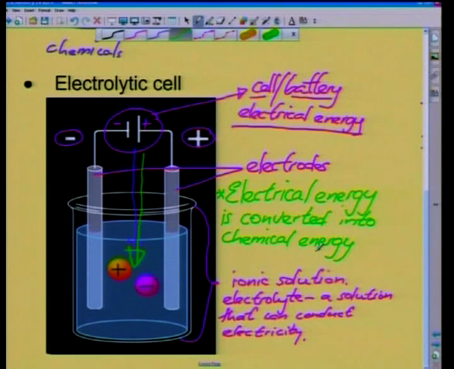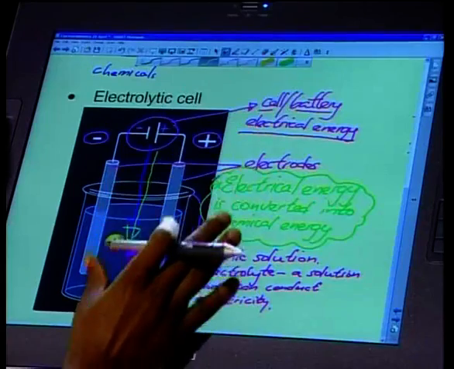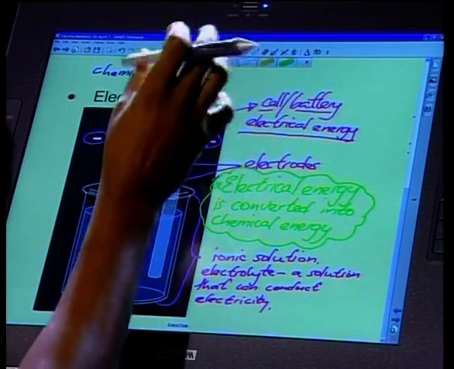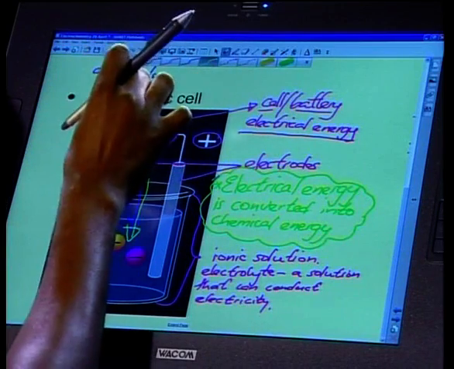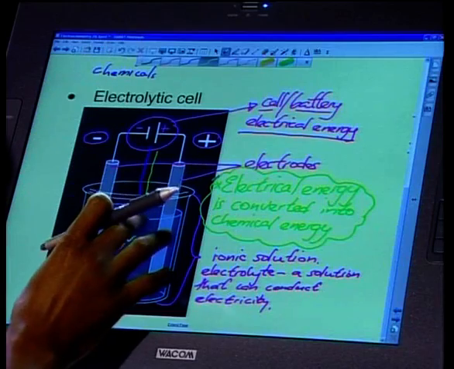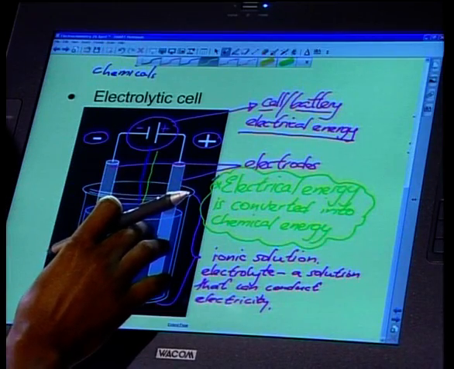Okay, so now we've got that difference there, as compared to a galvanic cell. Because remember, with the galvanic cell, when we looked at the structure, the chemicals inside the two solutions were actually generating that electrical energy. But in this case, we've got a battery outside, in the outside circuit, providing the energy into the solution, into the chemicals inside.